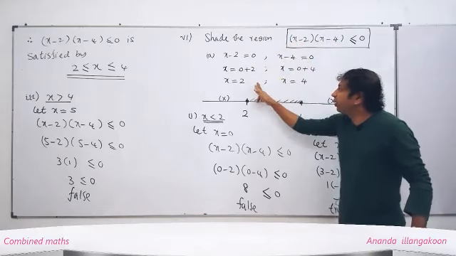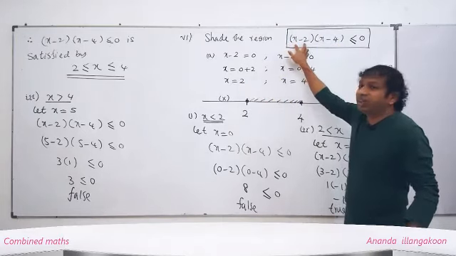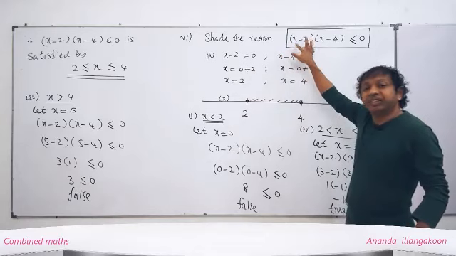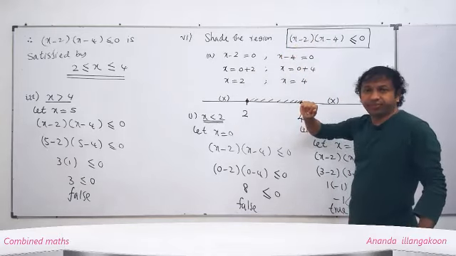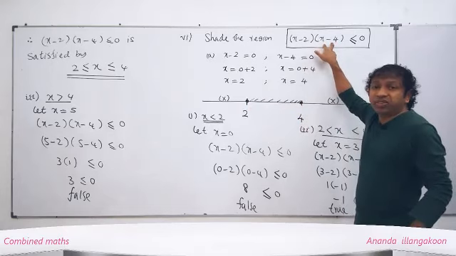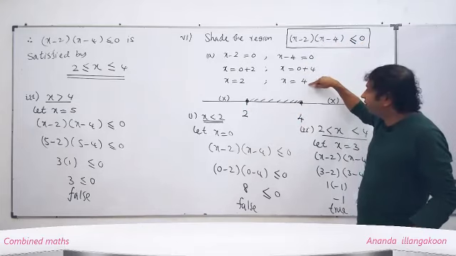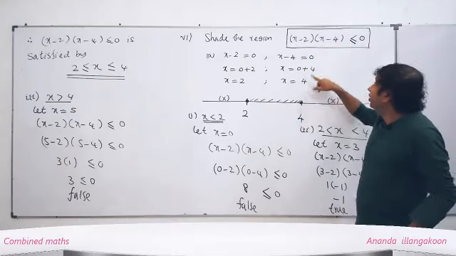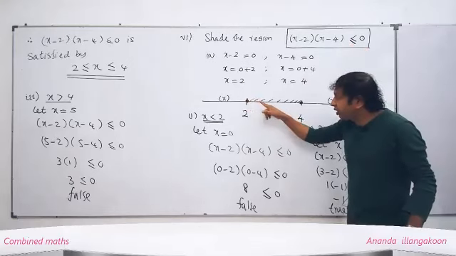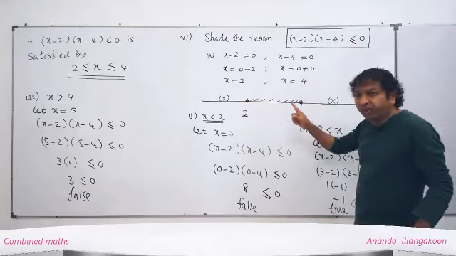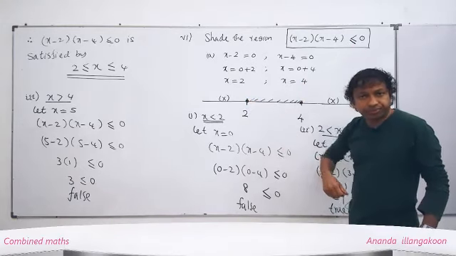Mentally you can equate this to 0, take that minus 2 to the right hand side, x equals 2, we can mark here. Here also, mentally, x minus 4 is 0, bring that minus 4 to the right hand side, x is 4, marked here. Since here we have equal sign, what we do, people? We color at both 2 and 4. Since we have equal sign, those circles we have to color.